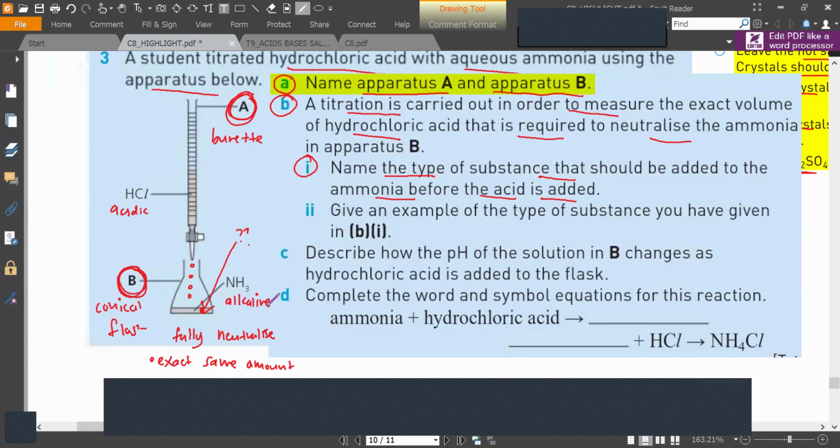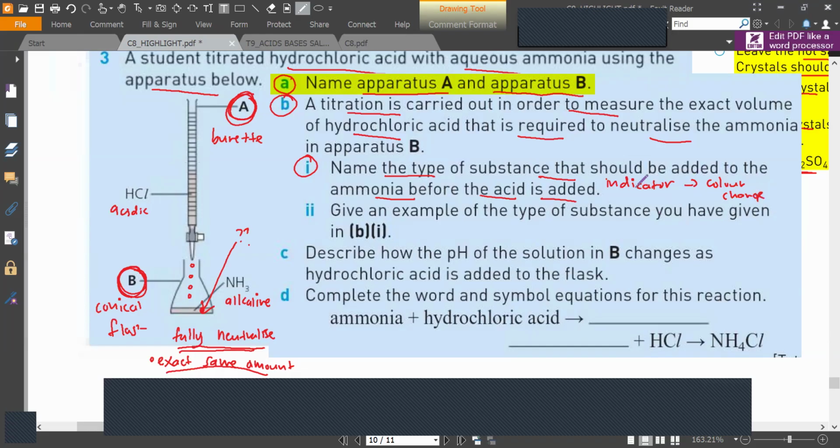We need to add indicator, right? Because we want to know when it's fully neutralized, when they have the exact same amount. When fully neutralized, there will be a color change of the indicator.